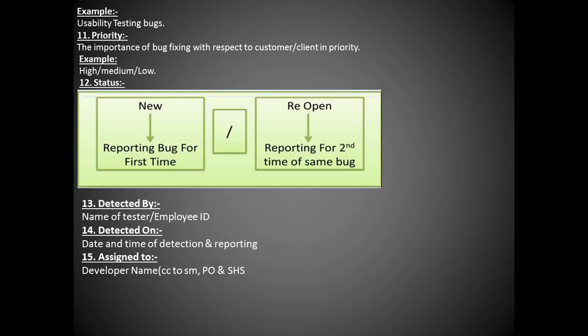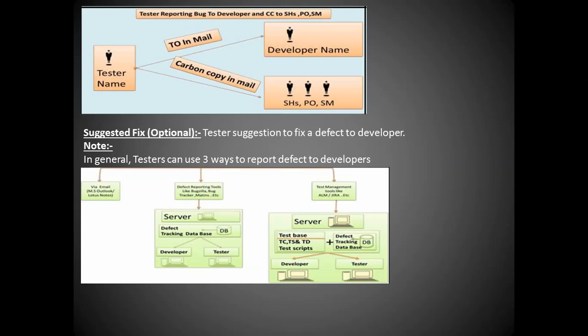Status of bug. First, new means reporting the bug for the first time. Reopen means reporting for the second time the same bug. Then detected by the name of the tester or employee ID, detection date and time, and reporting assigned to the developer. Like this we need to assign it.